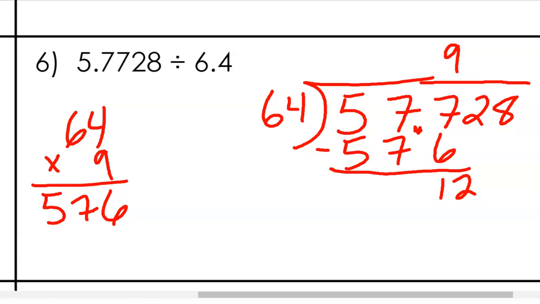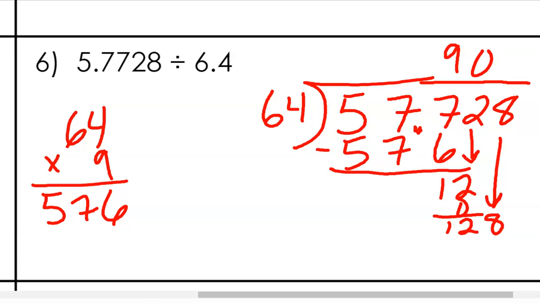Okay. 64 will not go into 12, so put 0 here. Let's do it the proper way. Okay. Now we got 128. How many times will 64 go into 128?